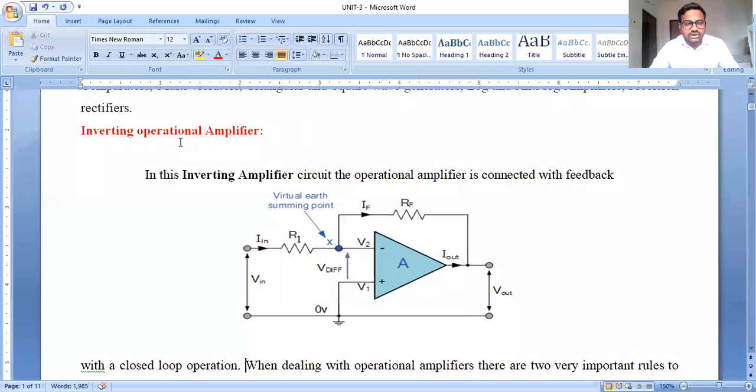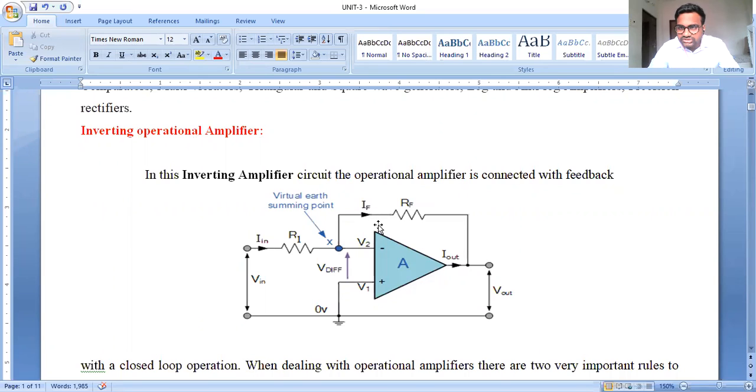The inverting operational amplifier and the non-inverting operational amplifier come under the classification of closed loop operational amplifier configuration. Closed loop means we are providing a feedback, and that's why it is called the closed loop operational amplifier configuration.